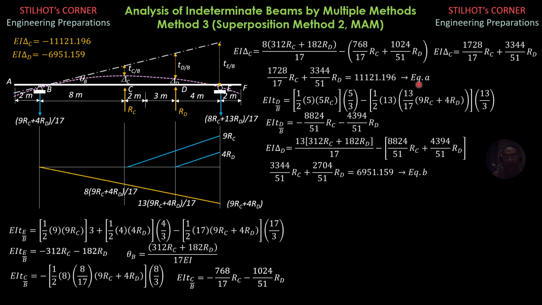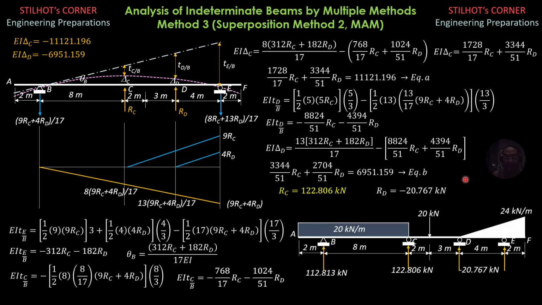Equation B, solving equations A and B simultaneously, we'll get R sub C 122.826 kilonewtons just like before, and RD is negative 20.767 kilonewtons just like before. So having found this, let's apply this on the original structure, and let's compute for the deflection under the 20 kilonewton load.